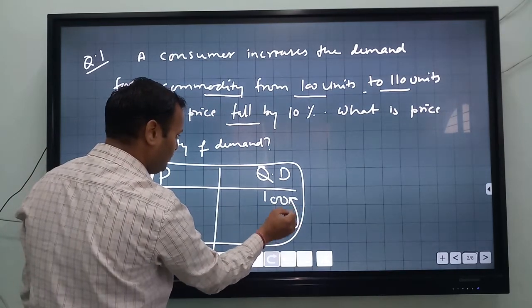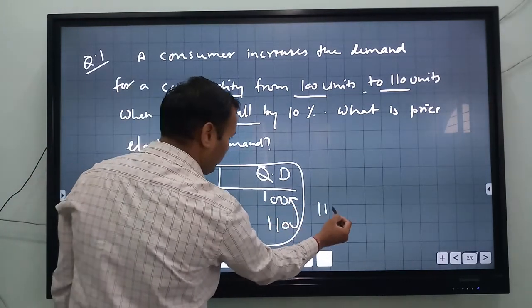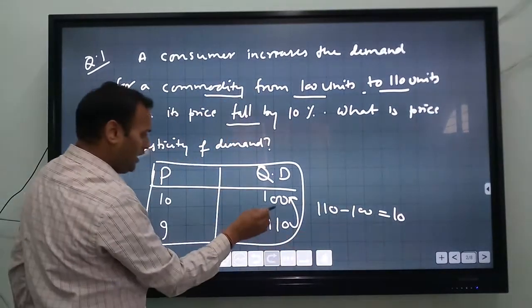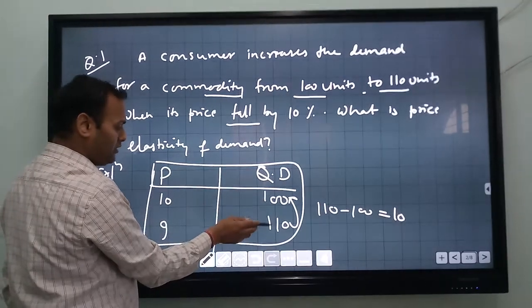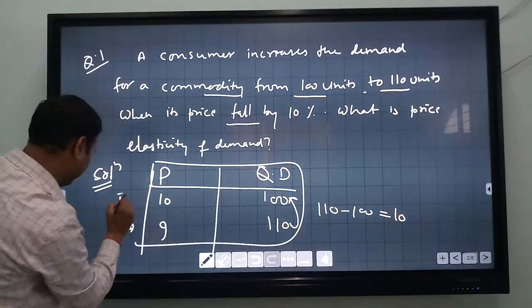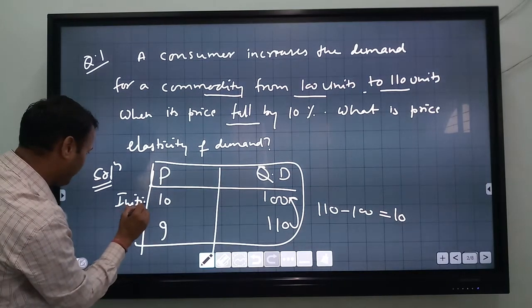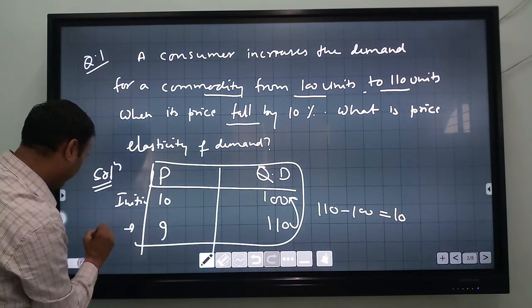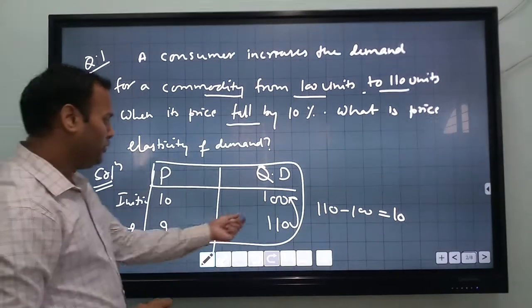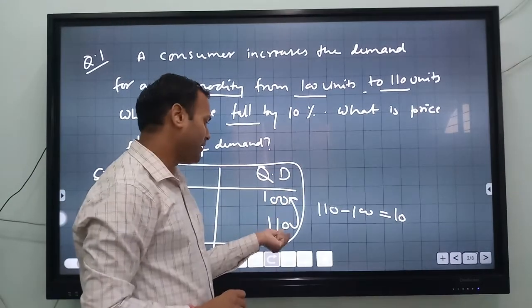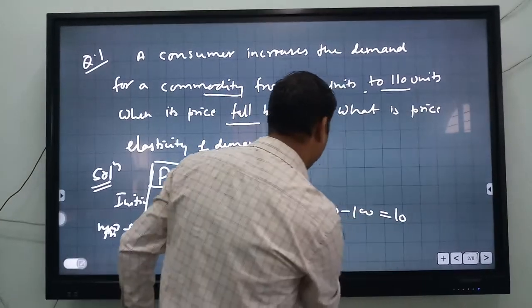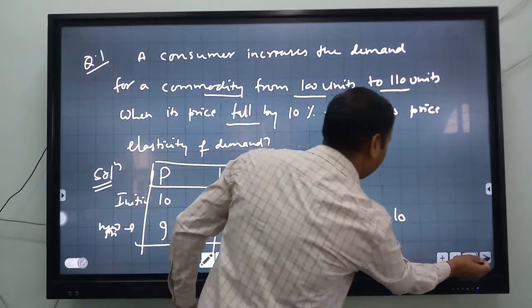How many units have changed? The new minus the initial: 110 minus 100, that is 10.